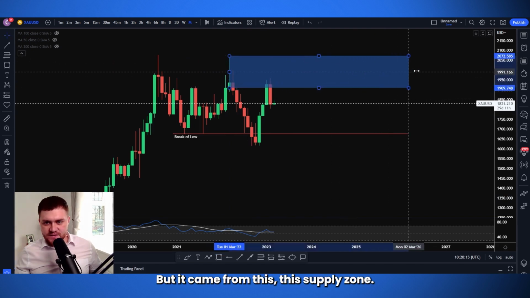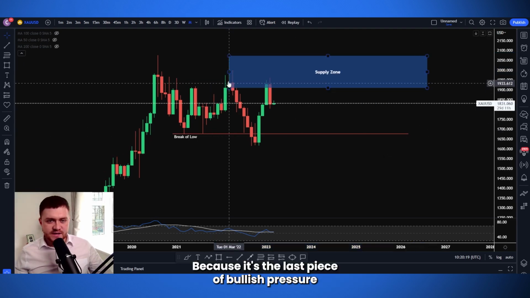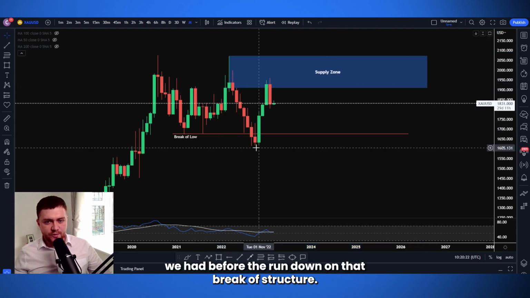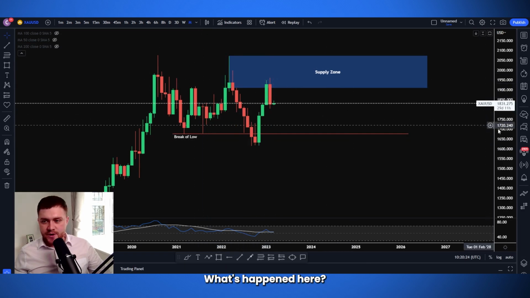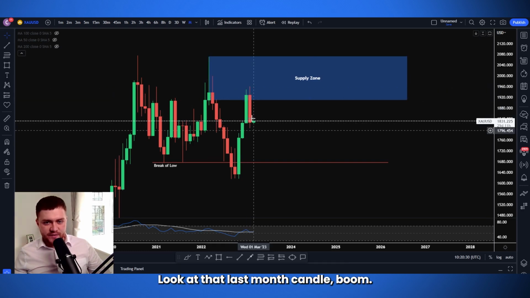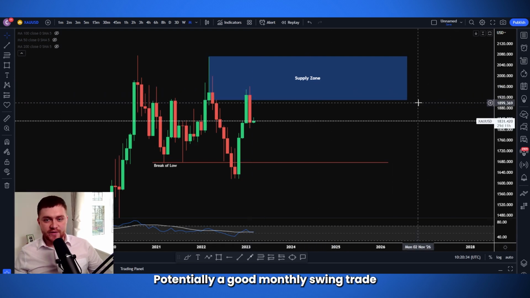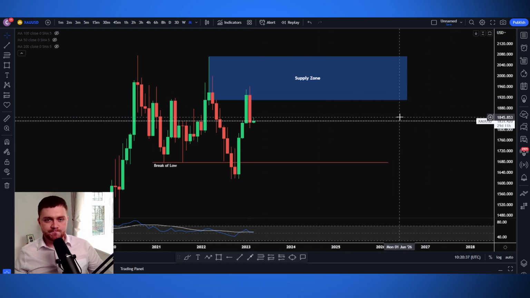Well, it came from this supply zone. Why is it a supply zone? Because it's the last piece of bullish pressure we had before the rundown and that break of structure. What's happened here? As soon as we traded into that supply zone on a monthly time frame, look at that last month candle. Boom, straight to the downside. Potentially got a good monthly swing trade here as well.